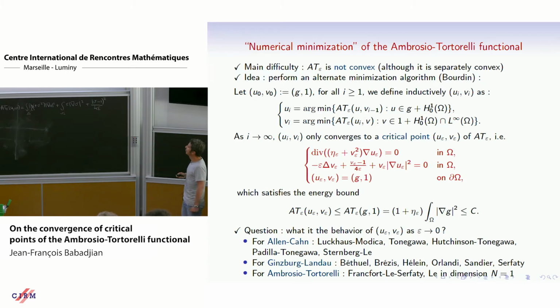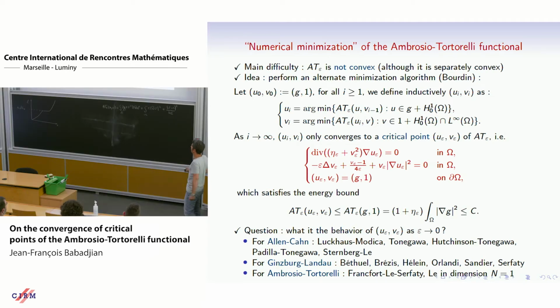So it has been proved in various settings that solutions of the Allen-Cahn equation, so critical points of the Modica-Mortola functional, if you want, converge to critical points of the perimeter, so the gamma limit of the Modica-Mortola functional, which are minimal surfaces, and this corresponds to various works, essentially from the school of Tonegawa and his co-authors.